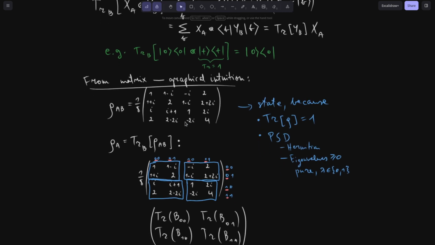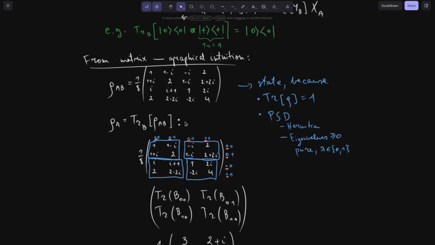How does it look from graphical intuition? We're just basically grouping into 2 by 2. We're just grouping our matrix entries. So for example, this is our state. We want to trace out B and be left only with the state on the A system.